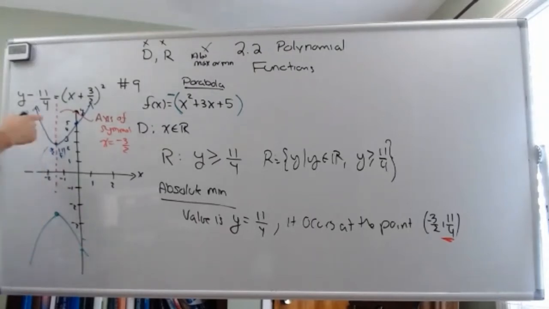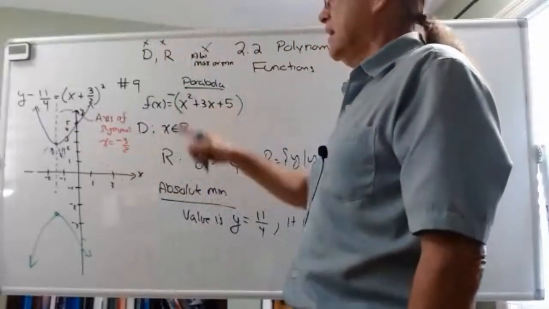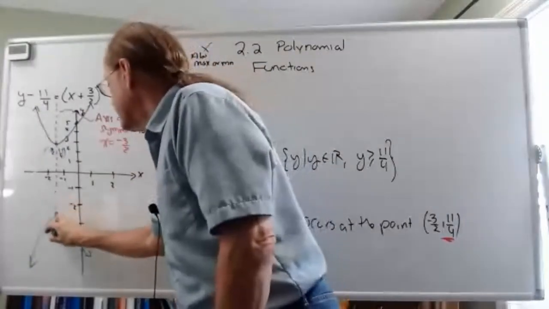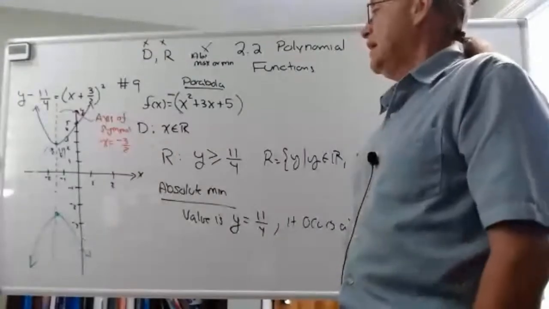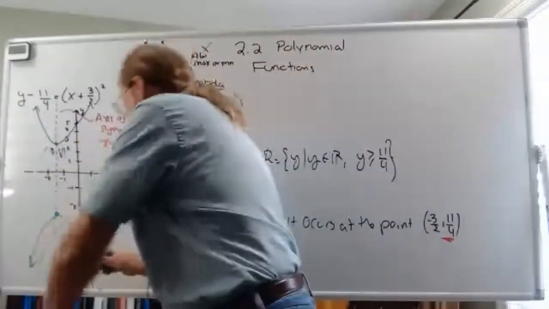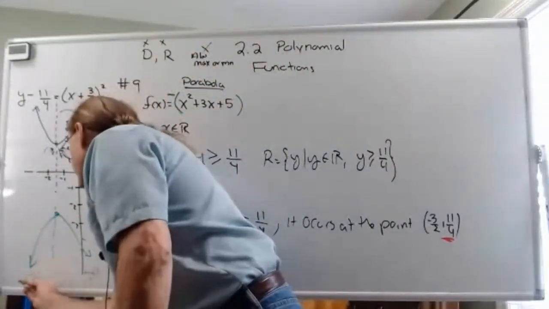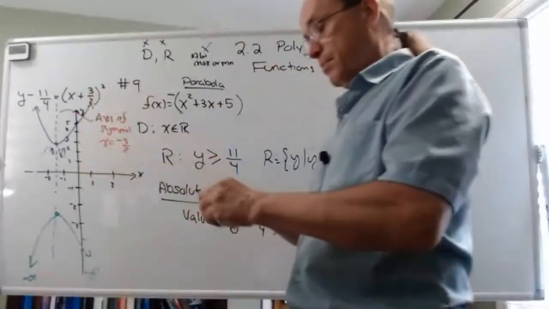It would end up having the same axis of symmetry, but its absolute max now would be negative 11 quarters. So the blue one is without the negative sign, and the green one is if I put a negative sign. It would flip it all the way down that way. And this has an absolute max, but no absolute min, because it goes down to minus infinity here. Where both of those go up to plus infinity.